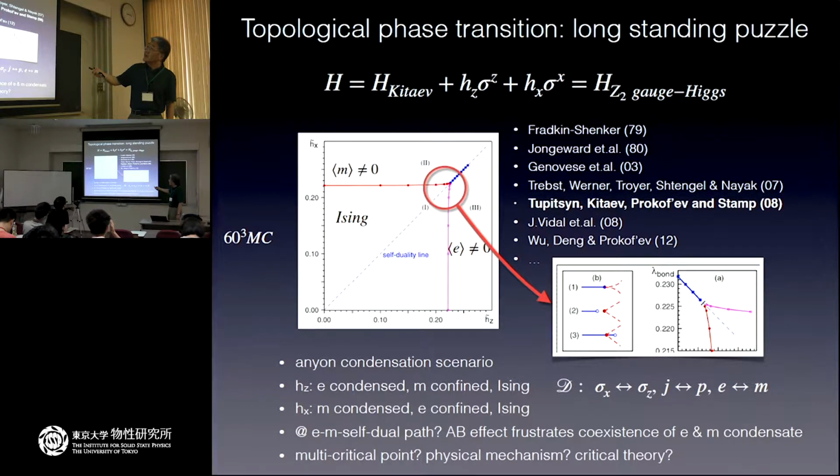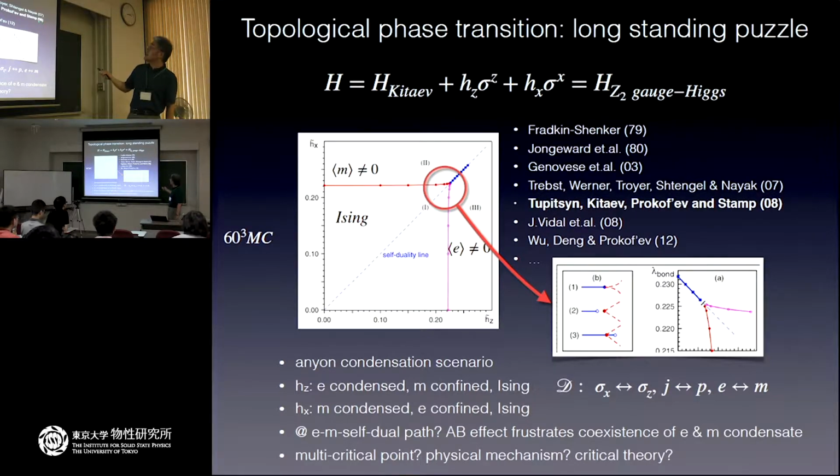Actually, this first order transition line will meet these two continuum phase transition lines, but people don't know how they connect to each other, whether there's a tri-critical point or not. You see this paper.